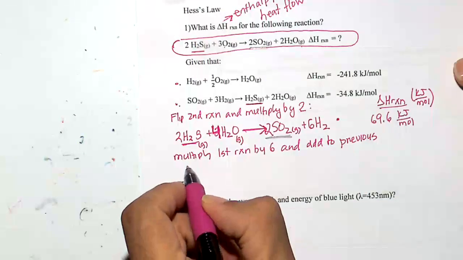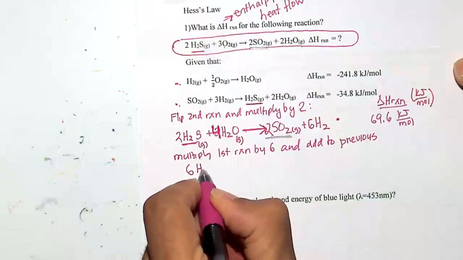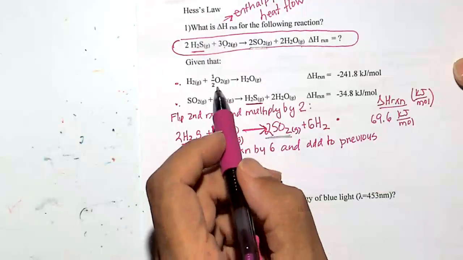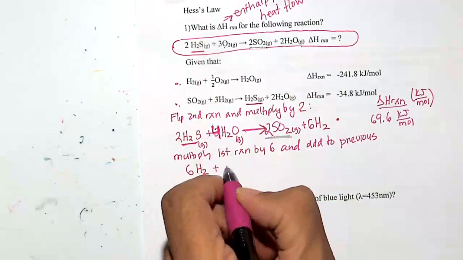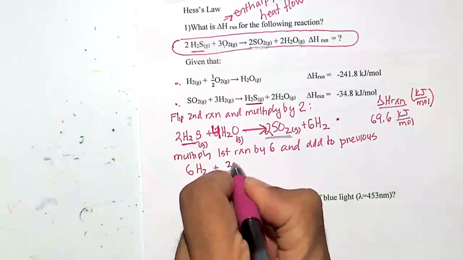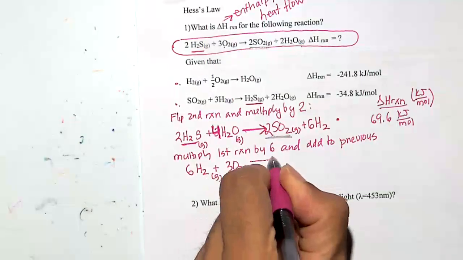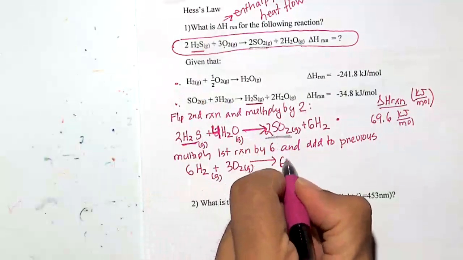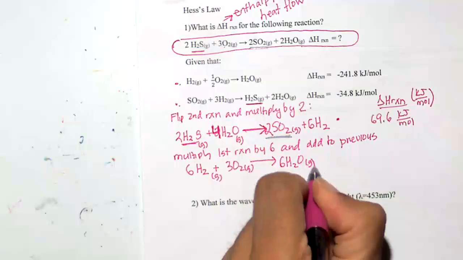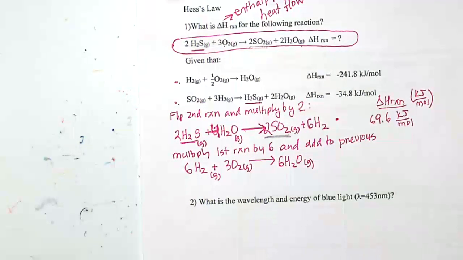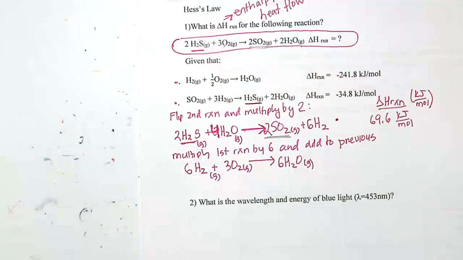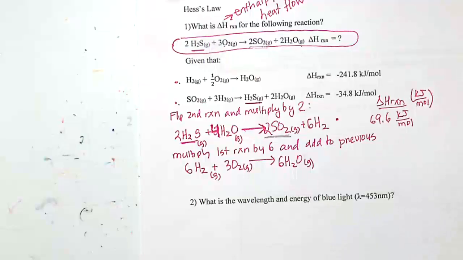So multiplying this by 6, I'm going to get 6H2 plus 6 halves O2. What's 6 halves? 3. Good. Then 6H2O. What's minus 241.8 times 6? Can you do that in your head? Give me a second. It will be 1,450.8, right?